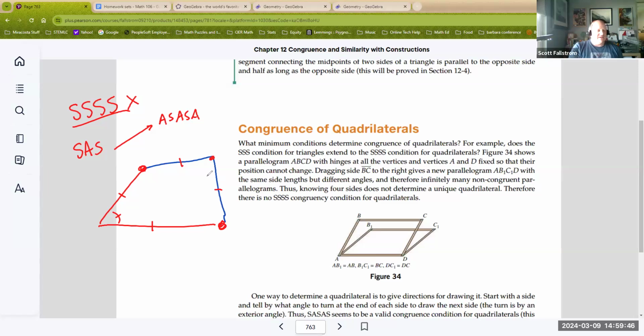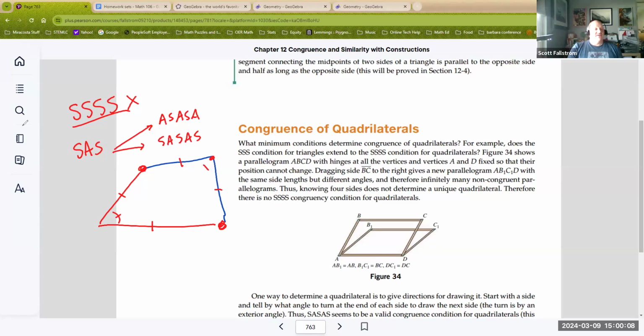If that is it, you don't need the other angles. So you have two options: angle, side, angle, side, angle, or side, angle, side, angle, side. So those are the pieces that will work with quadrilaterals.